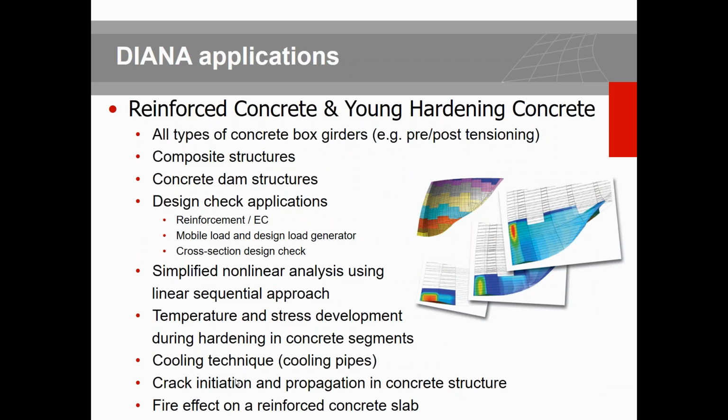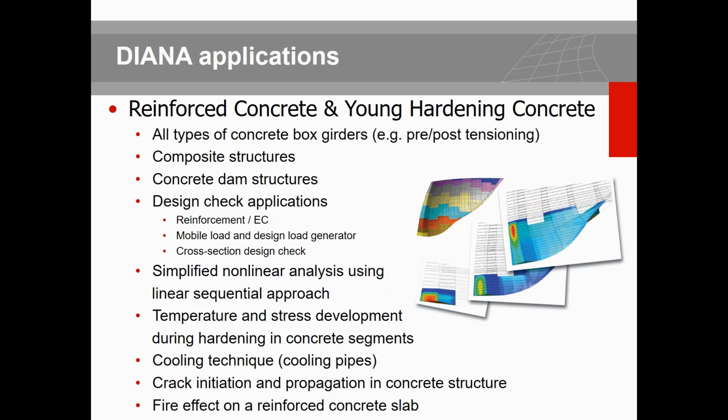presentations. With respect to the reinforced concrete and young hardening analysis, Dana has a unique solution all over the world because we cover the whole process of casting, curing, serviceability, and failure, say like forensic type of analysis for reinforced concrete structures.